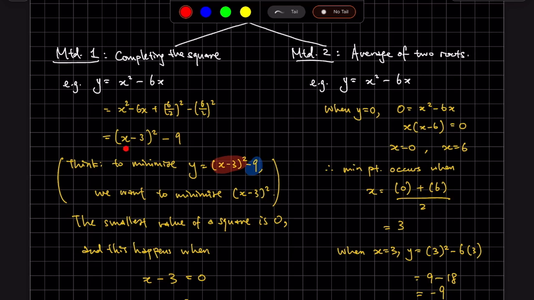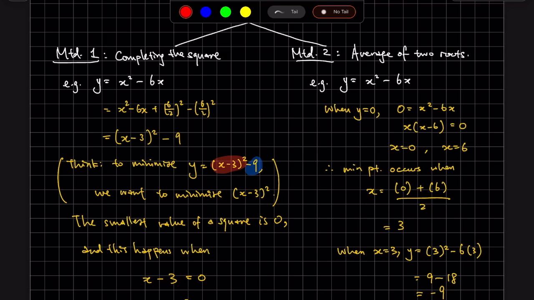If I put in anything else, I don't care that it's x minus 3, just put a number inside the bracket, any number squared minus 9, you realize that the whole thing will be bigger than negative 9. The smallest is when you sub in 0 to this entire bracket, squared minus 9. You get negative 9.